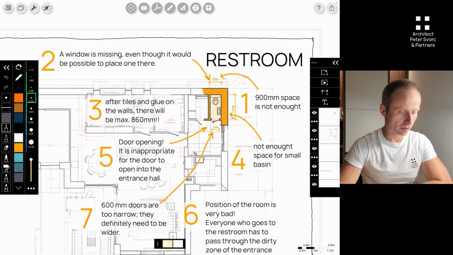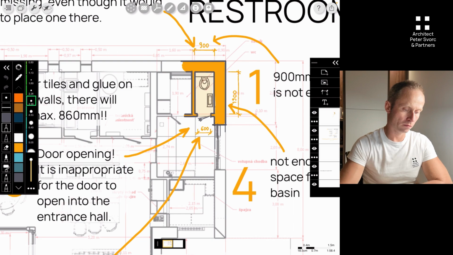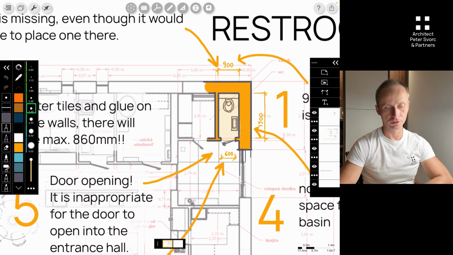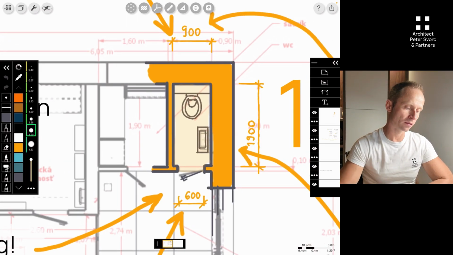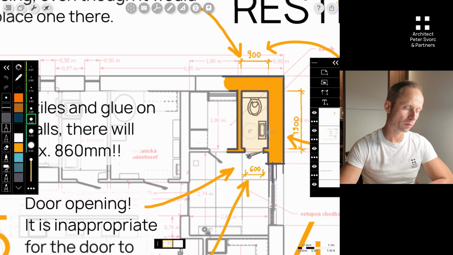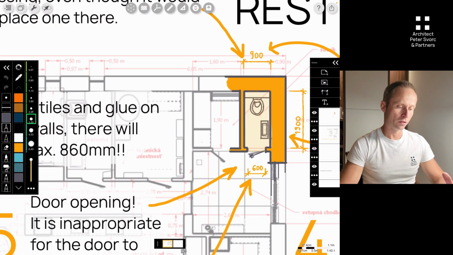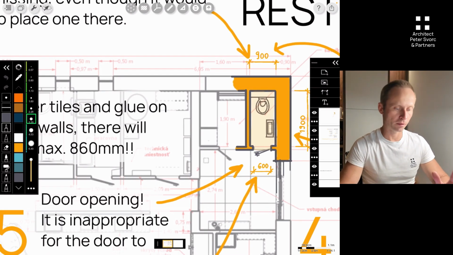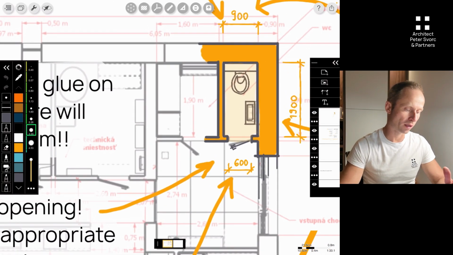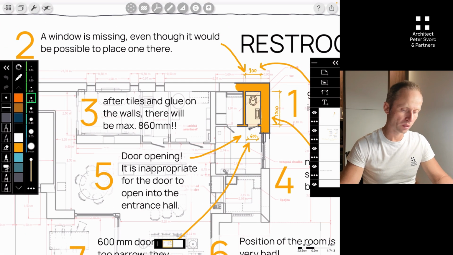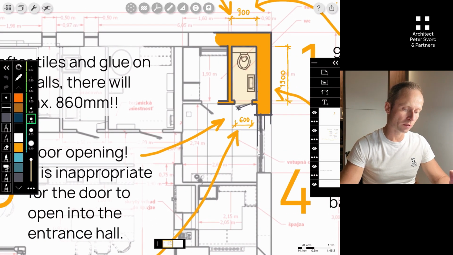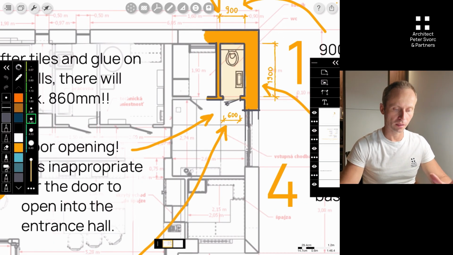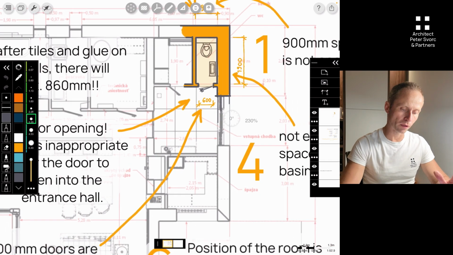Number two, the window is missing, as I mentioned previously, because when you build these walls like here and later you put some glue and tiles, the space in this room will be much thinner, so a maximum of 86 centimeters wide space for a toilet room, and I think it's not good, it's very thin. Again, the door is opening into the space, it's only 600 millimeters, 60 centimeters wide. It's supposed to be wider, at least 70 centimeters, it's quite a good number.